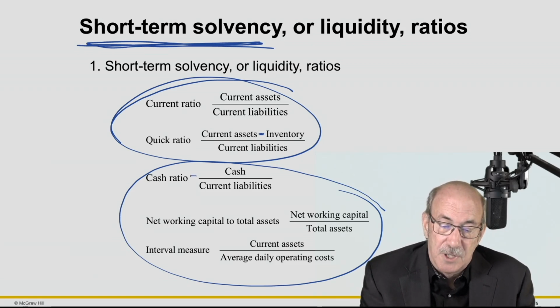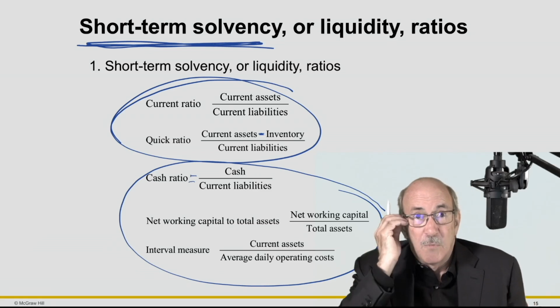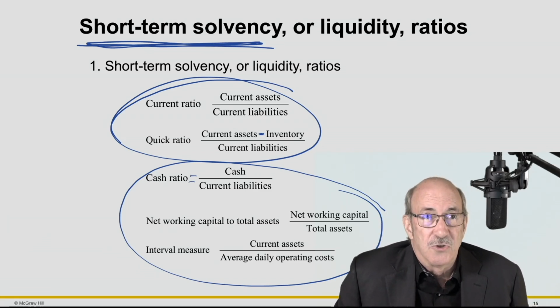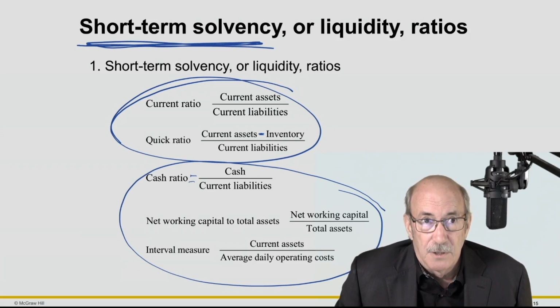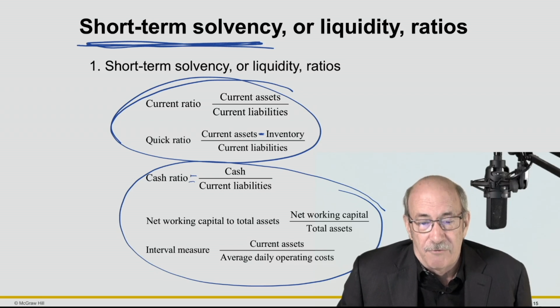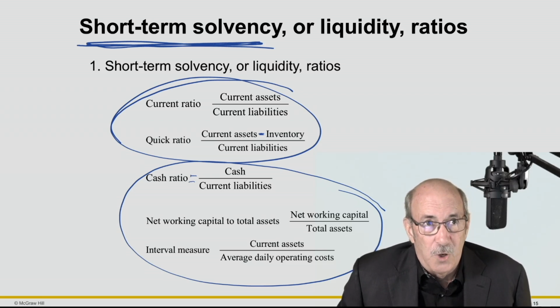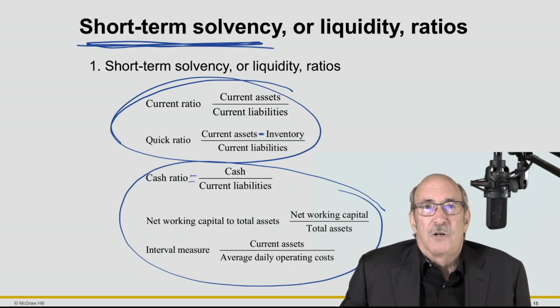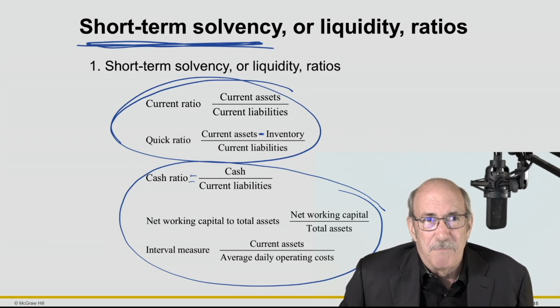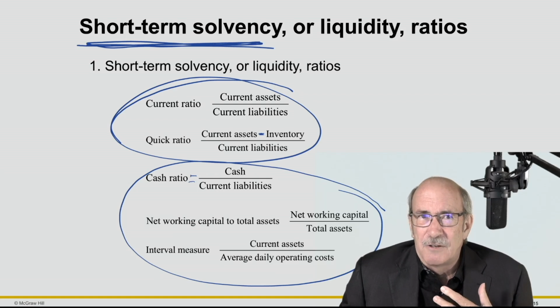Cash ratio, again, is even more stringent than the quick ratio, because here we're just using cash on hand to pay off liabilities. Now, it's not uncommon for this ratio to be less than 1. And mind you, I should also mention that any of these ratios in and by themselves don't have a lot of meaning.